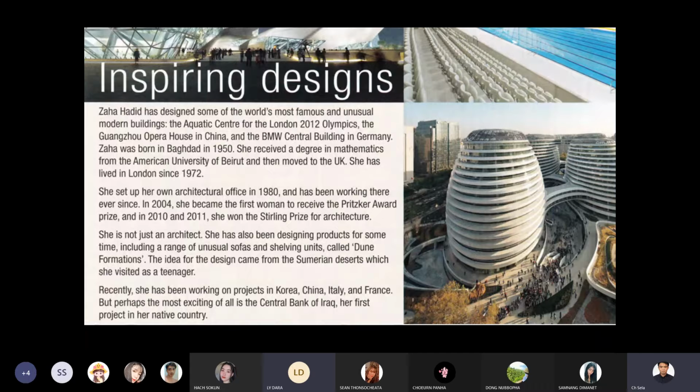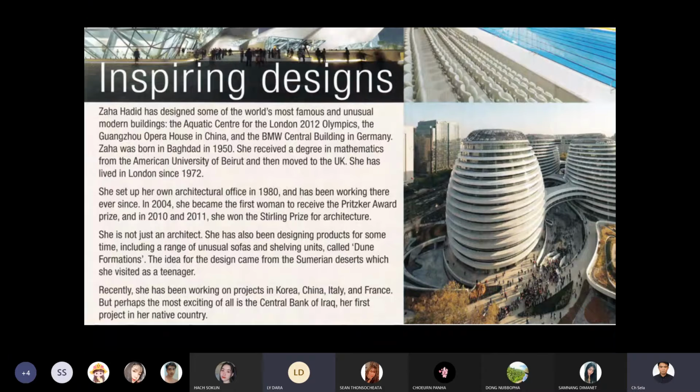She received a degree in mathematics from the American University of Beirut and then moved to the UK. She has lived in London since 1972. She set up her own architectural office in 1980 and she has been working there ever since. In 2004, she became the first woman to receive a Pritzker Prize and in 2010 and 2011, she won a Stirling Prize for architecture.